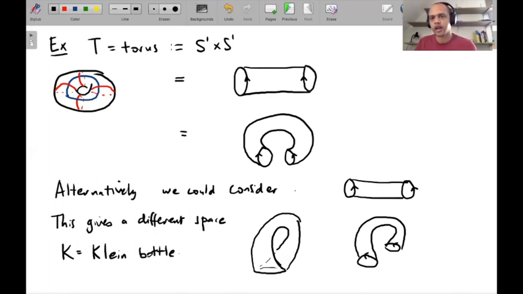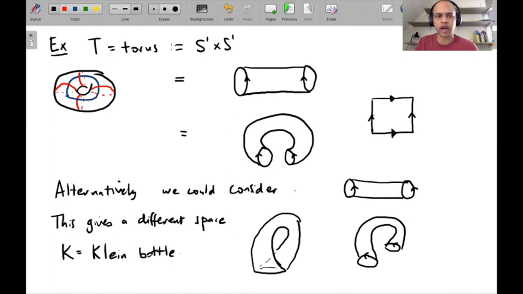Okay, if you're not happy with these pictures, let me draw yet another one. Well, the more pictures you have, the better, at least in my opinion. So here's another picture of the torus, and then I'll draw an analogous one for the Klein bottle to compare.